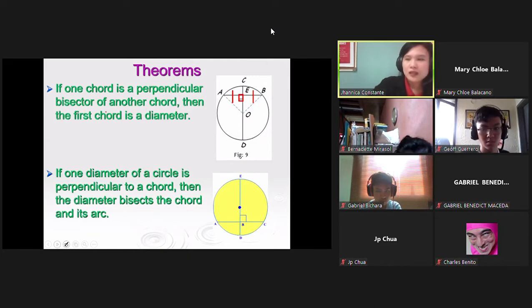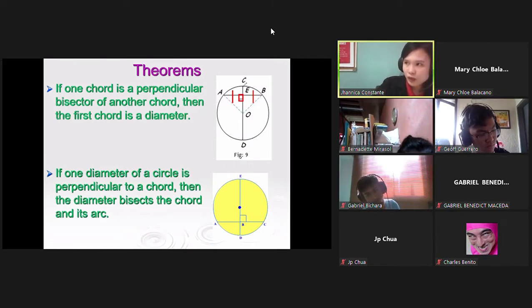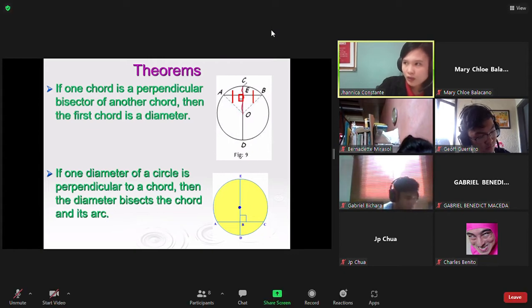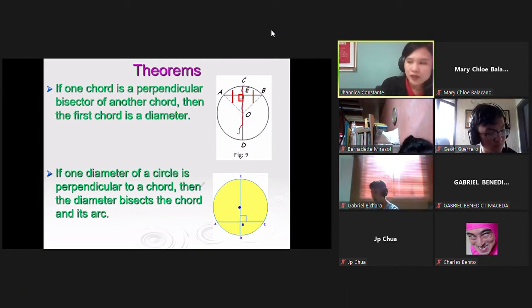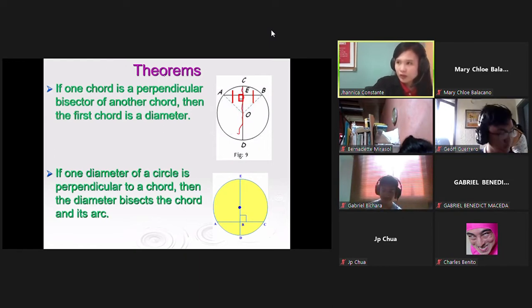So, looking at this theorem, if one chord bisects or intersects a diameter or another chord, that means the other chord that you have is your diameter. Or we can have another situation, coming to two chords.